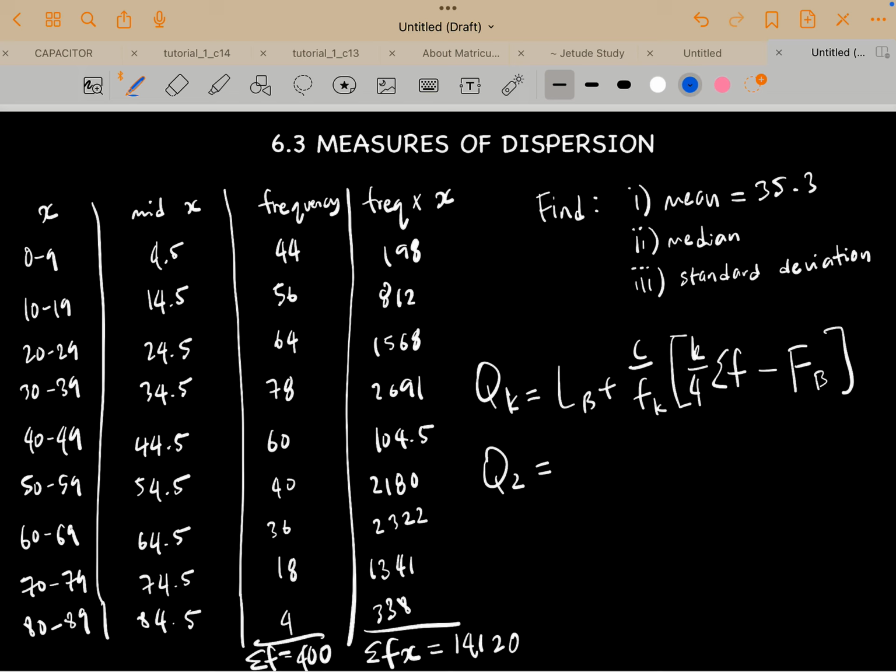So in our case, 200 falls in, I haven't done the cumulative section, but that's okay. Let's just look right here. 44 plus 56 is 100, so that's not enough. Plus 64 is 164, so that's not enough. So 200 must fall at this section.